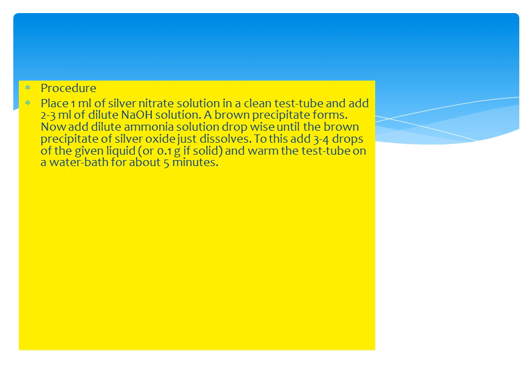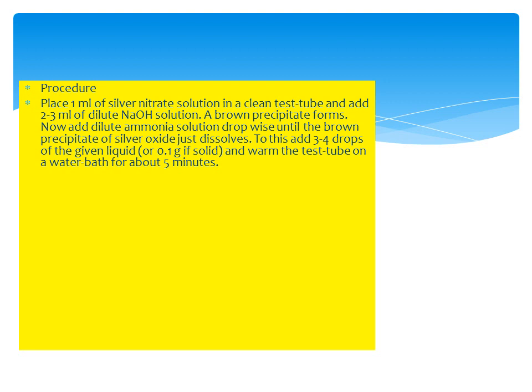Firstly, you have to place 1 ml of silver nitrate solution in a clean test tube, and then you have to make it alkaline by using the sodium hydroxide solution. By doing so, a brown precipitate forms, and then you have to add a few drops of ammonia solution in it until the brown color disappears, and then you finally add the given organic compound.